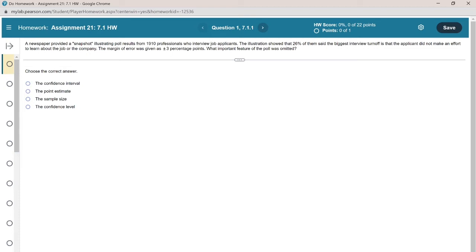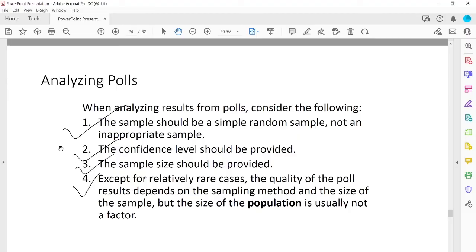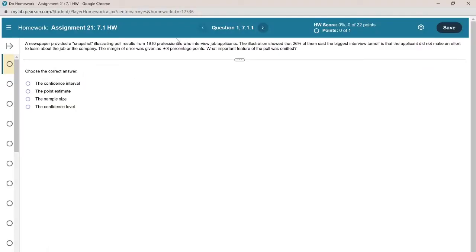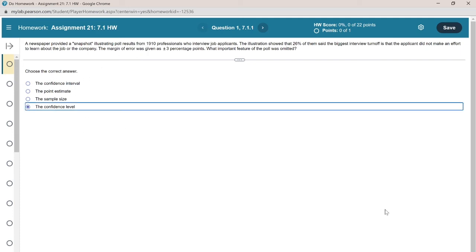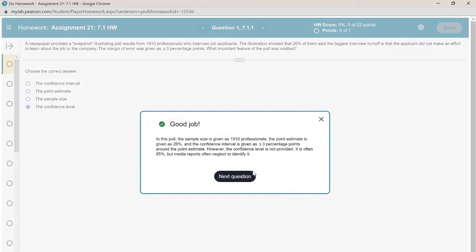What important feature of the poll was omitted? If we check our notes, when analyzing a poll these are the things that should be considered. The sample should be a simple random sample, which is given. The confidence level should be provided, but in this particular problem there is no confidence level, so it is not provided here.